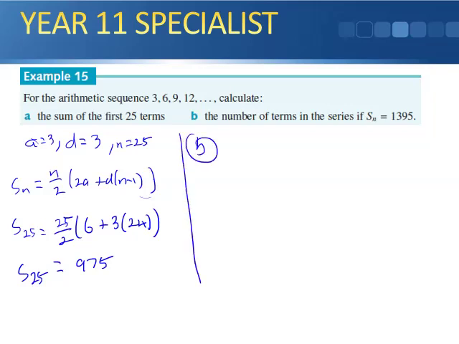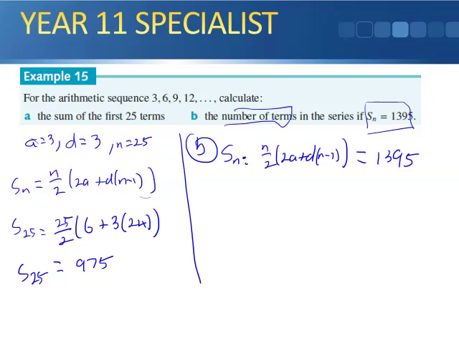Part B, the sum of the terms in the series if S of n equals 1395. This time they tell us that S of n, which we know the rule for, n divided by 2 times (2a plus d(n minus 1)), when we add them all up, we're going to get 1395. So we need to know n, the number of terms. We know our a is 3, so 2 times 3 is 6.